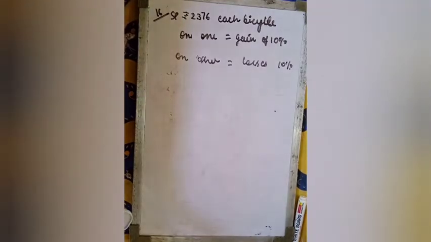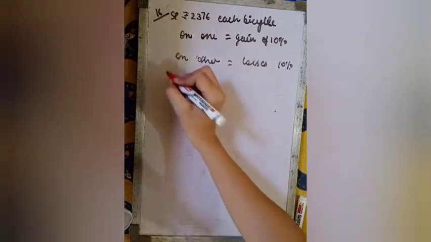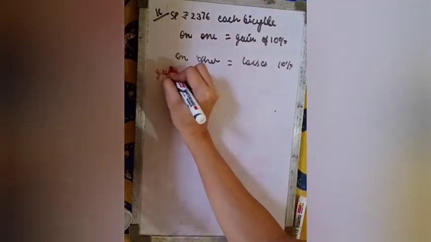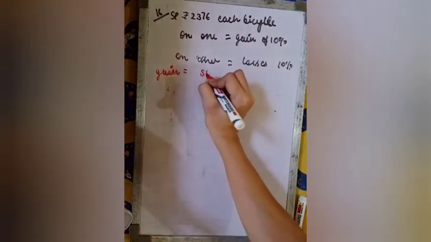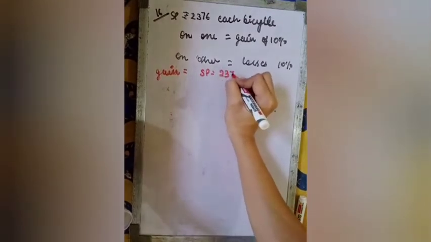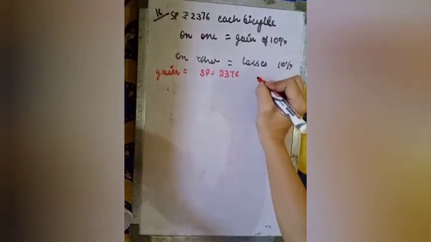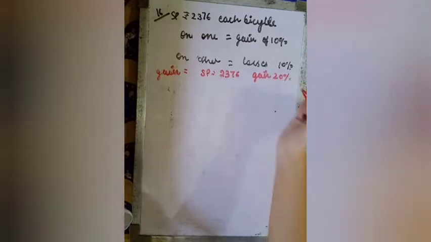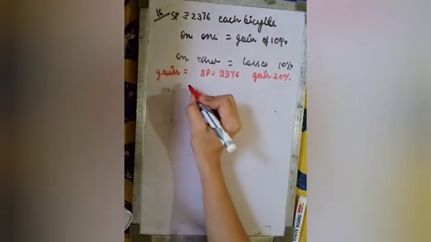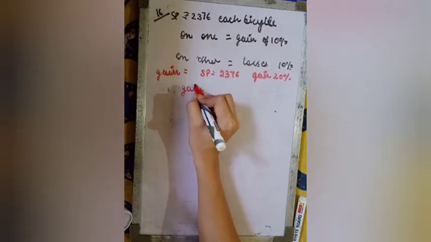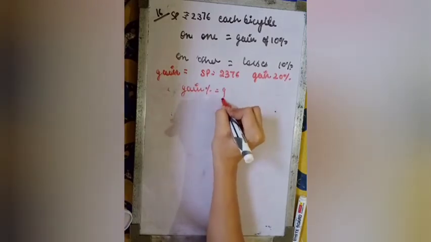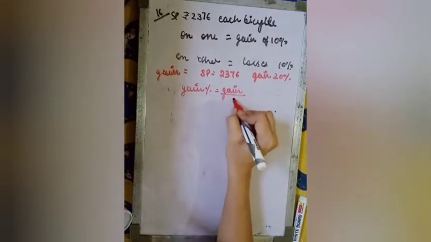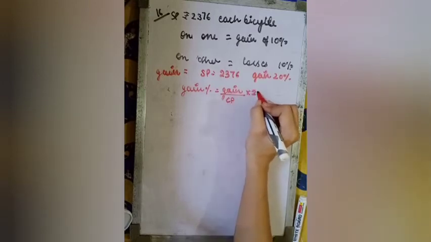First, see the case of gain. In case of gain, SP is 2376 and gain percent is 10%. Now put the formula of gain percent. Gain percent equals gain upon CP into 100%.